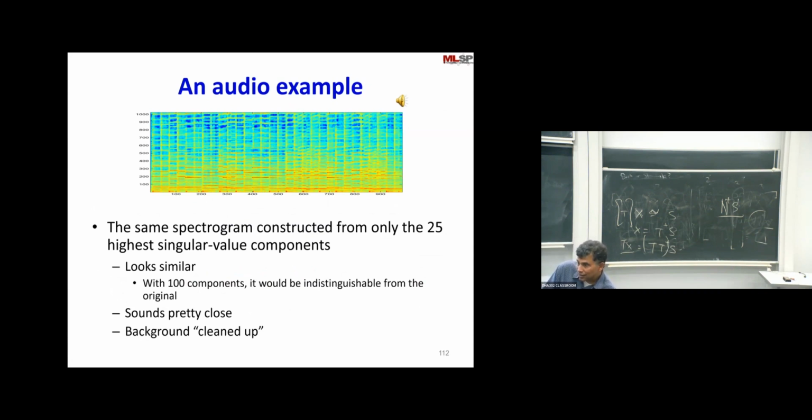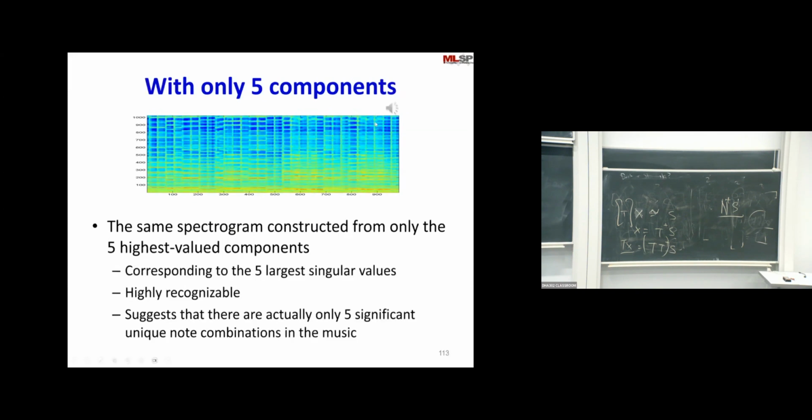Yes, there are only 25 real combinations of notes in this one, right? If I use just 25 combinations of notes, I can explain the entire music. You know what? This is with 5.